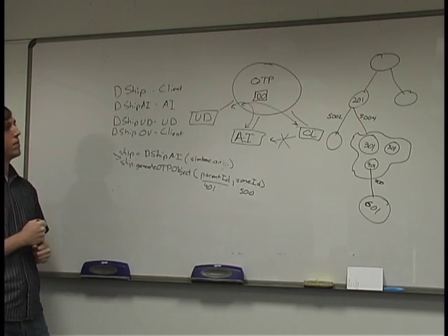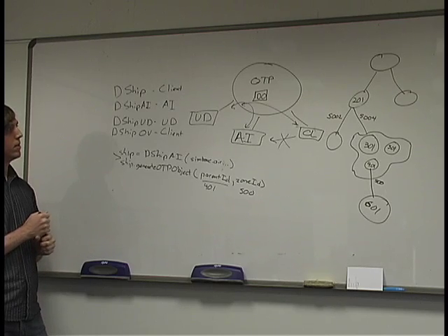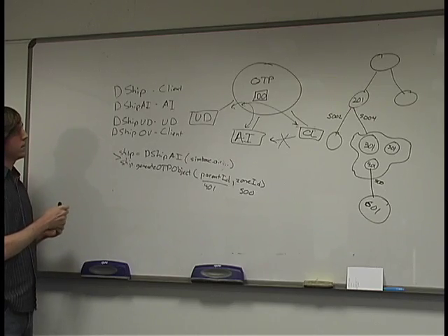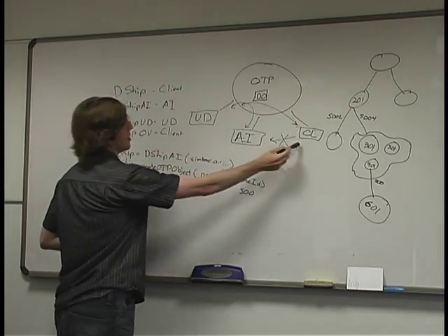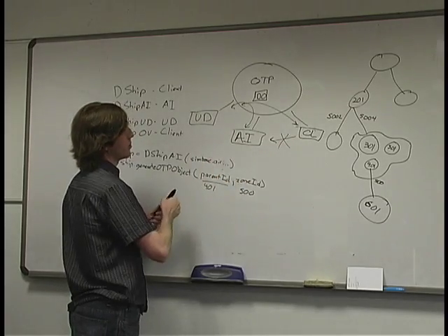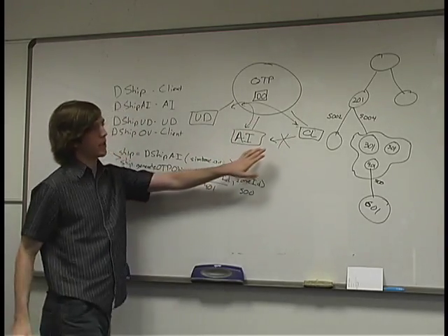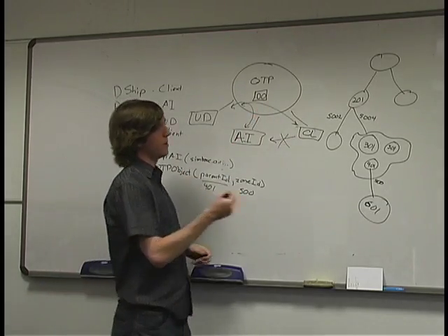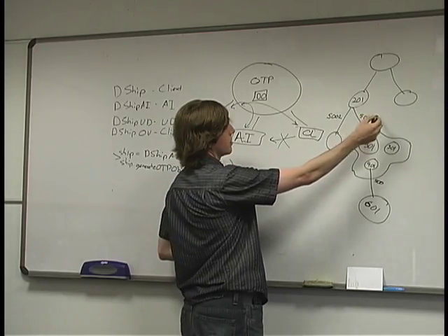So, interest. All interest is one of these guys telling, we'll just talk about the client, since the AI's interest is pretty much taken care of. All interest is the client saying, OTP server, tell me what happens in this location.